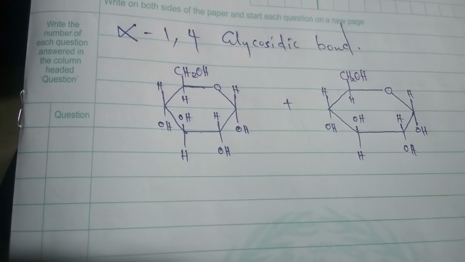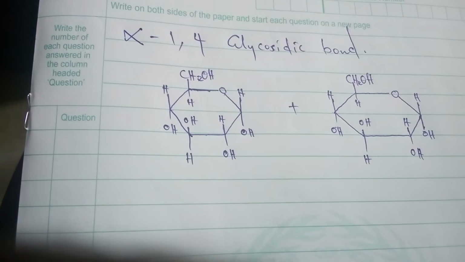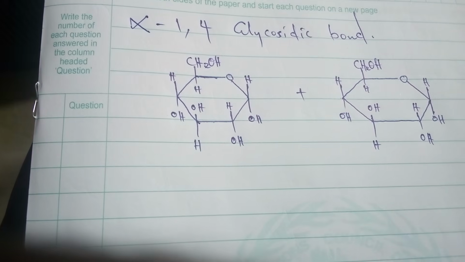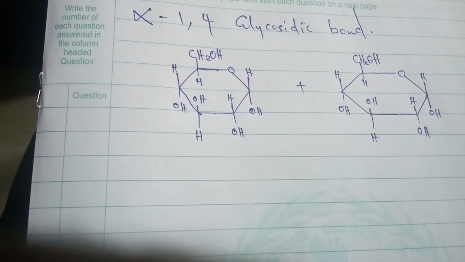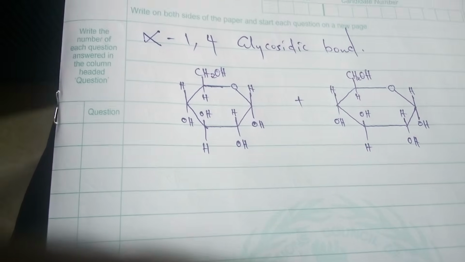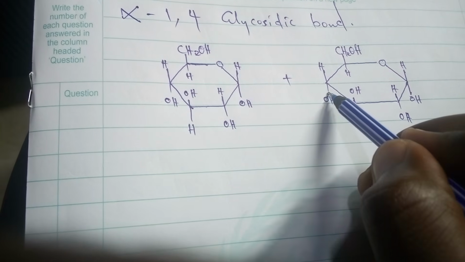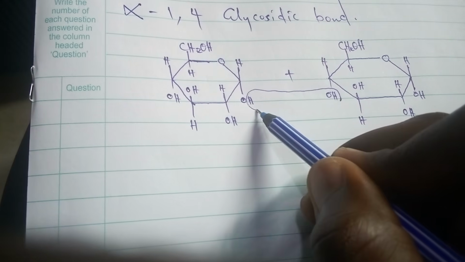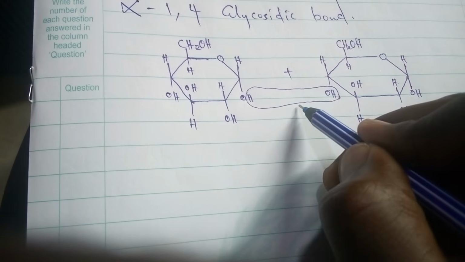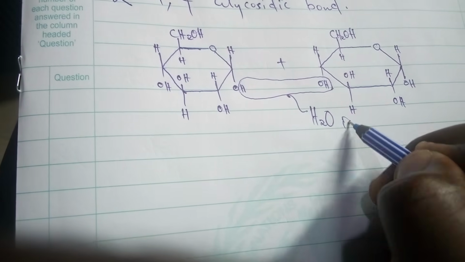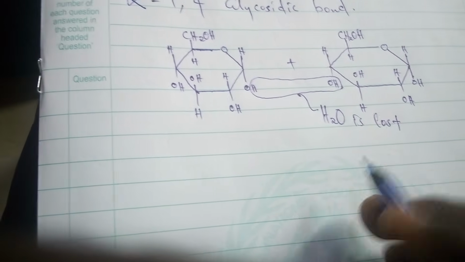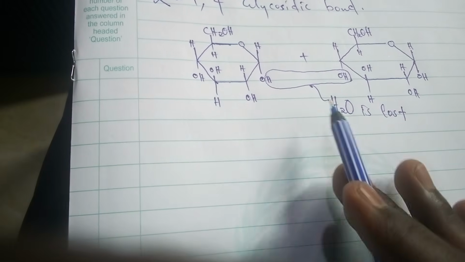So for that bond to occur, it means that the process called condensation or dehydration has to take place, where the water molecule is going to be eliminated. So what will happen is that the hydroxide there and that one, they are going to be lost. So H2O is lost, and then from there just connect the two.